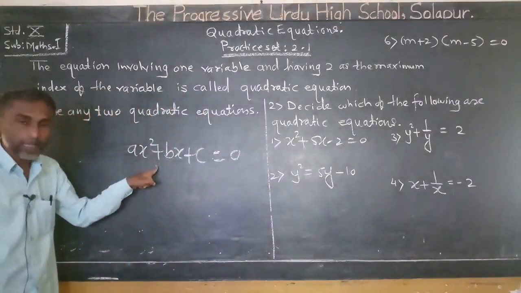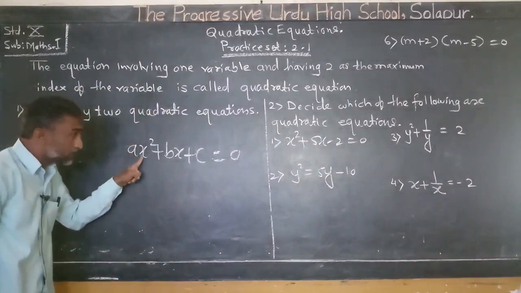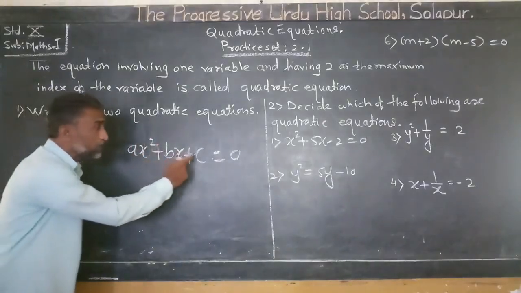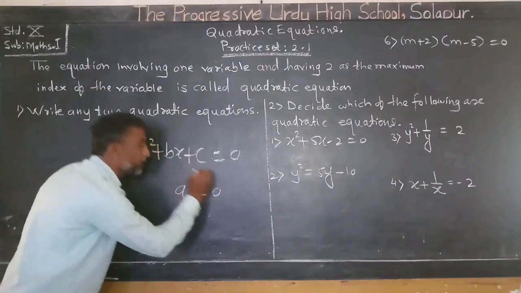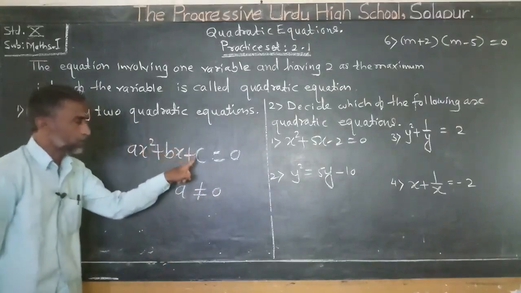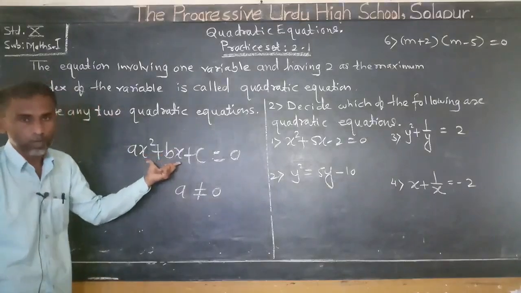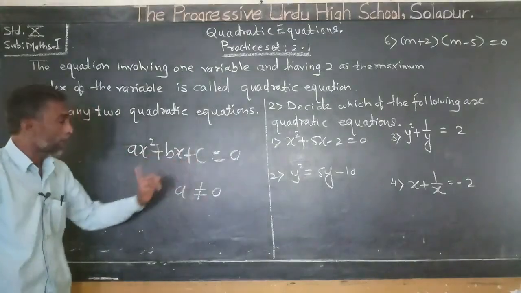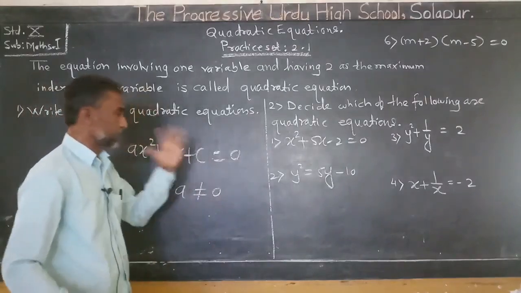This is the standard form of the quadratic equation, where x is the variable which has maximum index 2 and a, b, c are real numbers such that the value of a should not be equal to 0. This is the standard form.